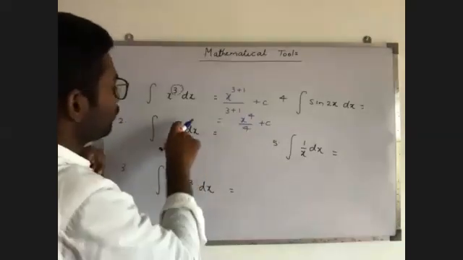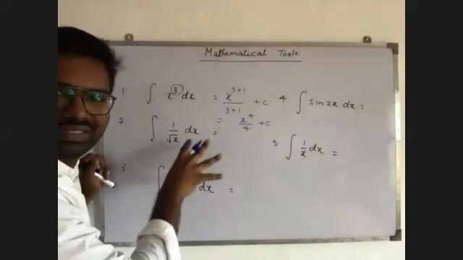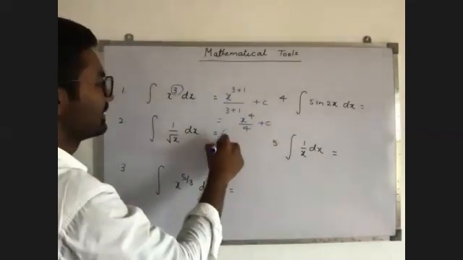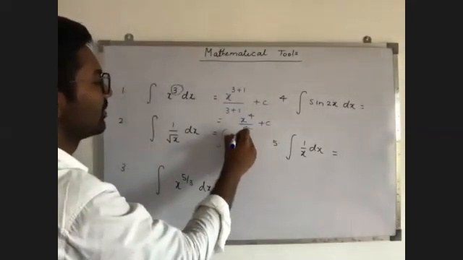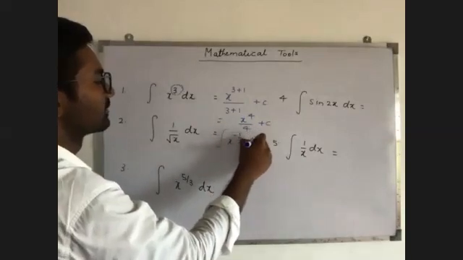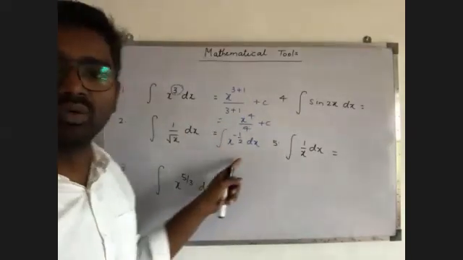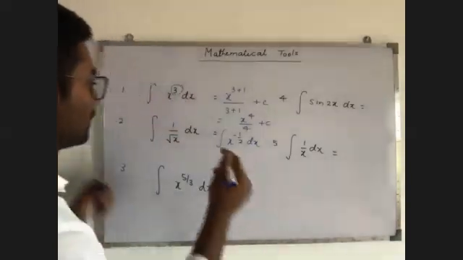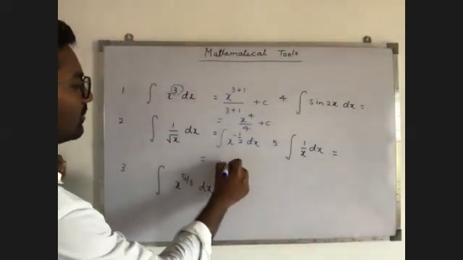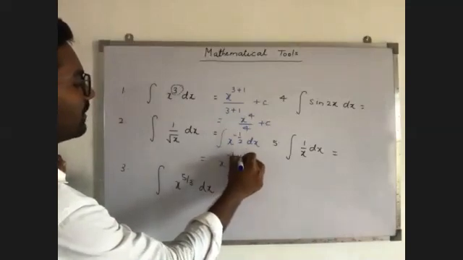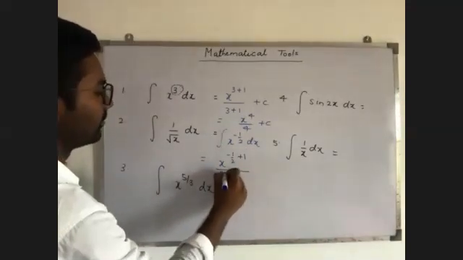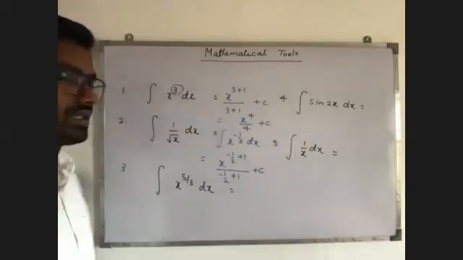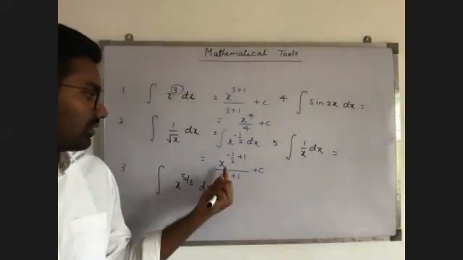Okay. Second, 1 by root x. So this is not our standard format. So first we will change it. Can I say that 1 by root x can be written as x to the power minus half dx? So what is going to be the value? x to the power minus half plus 1 divided by minus half plus 1, plus c. Is it right? Everyone able to understand?